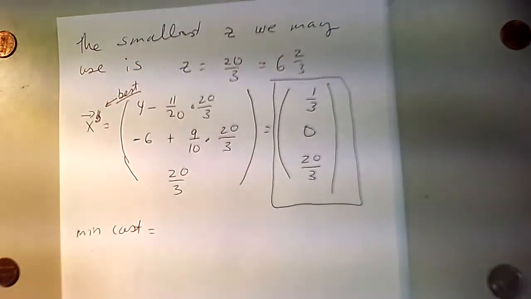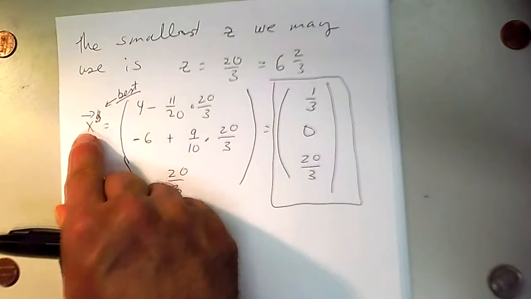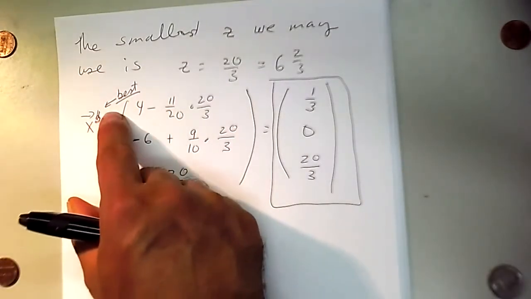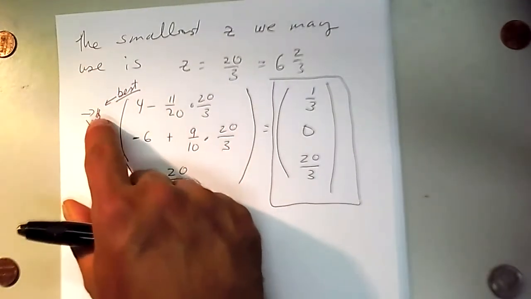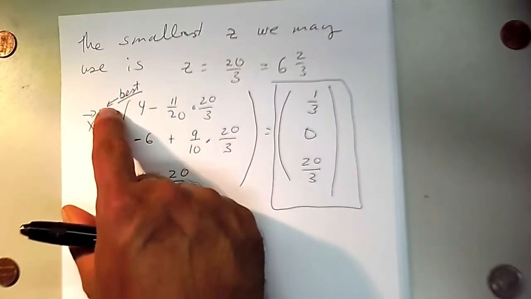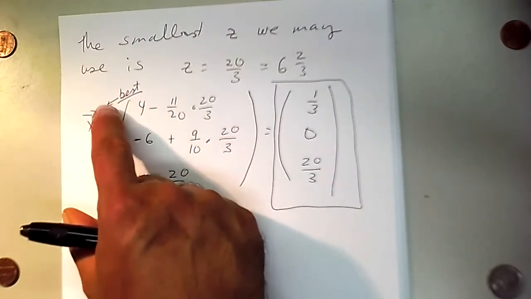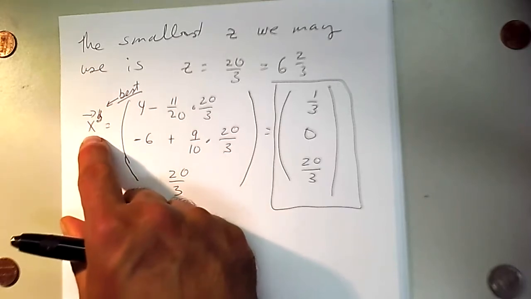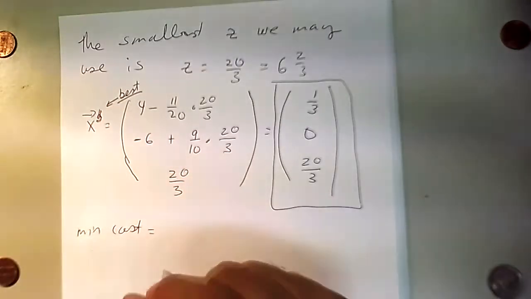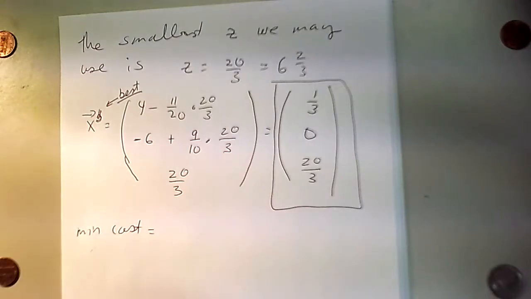There are many x's, but this is the best one. I know it's a little confusing. Some people put a star to differentiate it. We don't want to put an apostrophe symbol, because then that may look like a derivative. I'm just going to call it best. I just made that up right now on the spot.